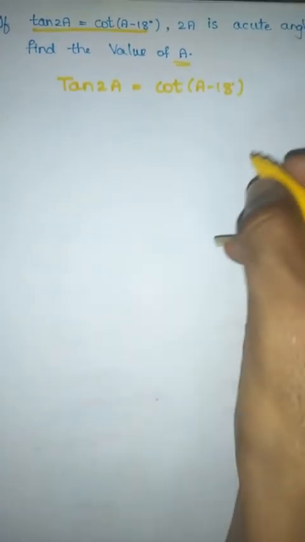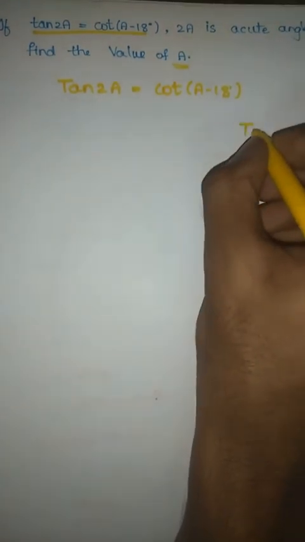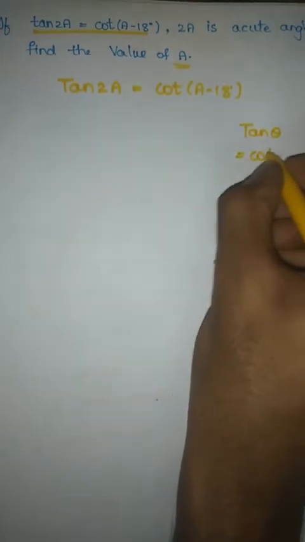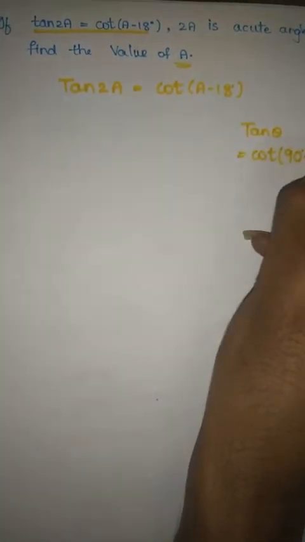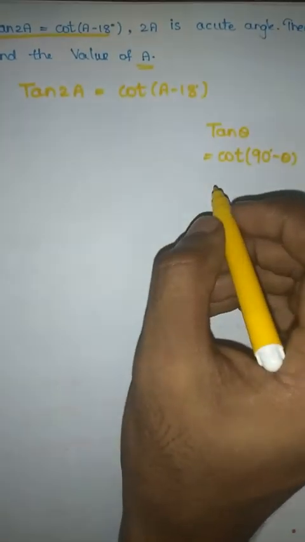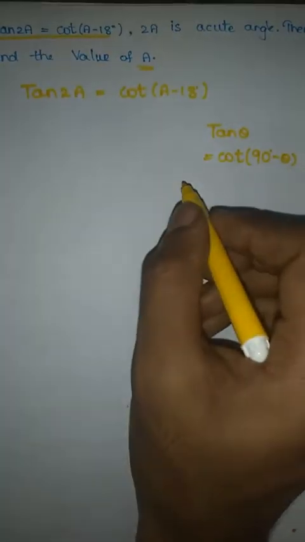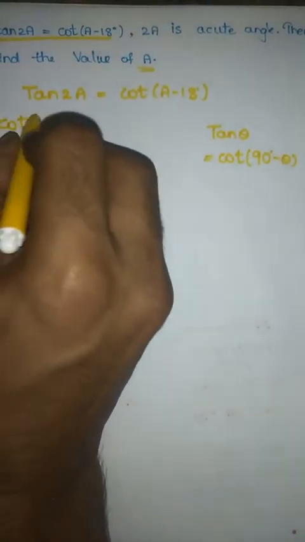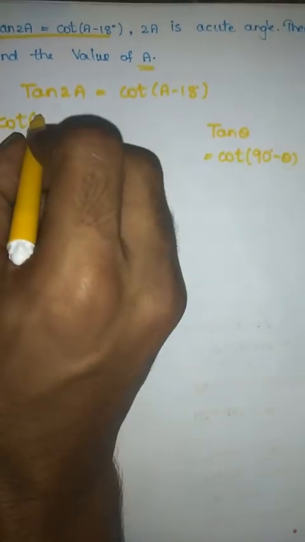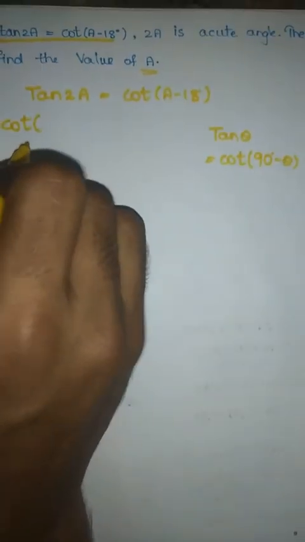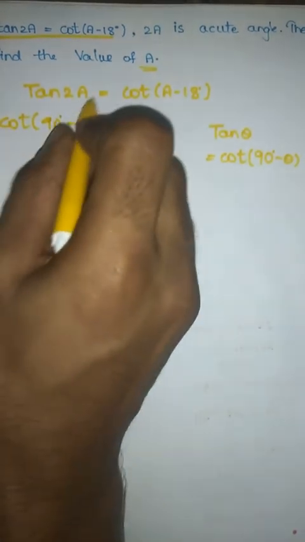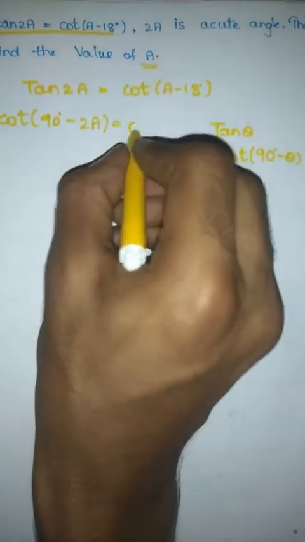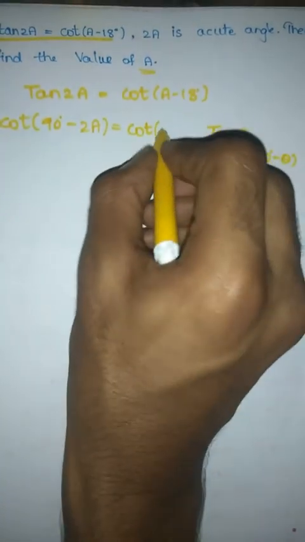In that discussion, tan theta is equal to cot of 90 minus theta. So here in place of theta we have 2a. So tan 2a can be written as cot of 90 minus 2a, and this is equal to cot of a minus 18 degrees.